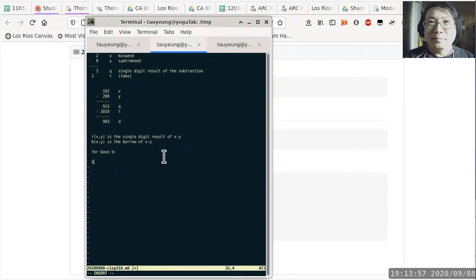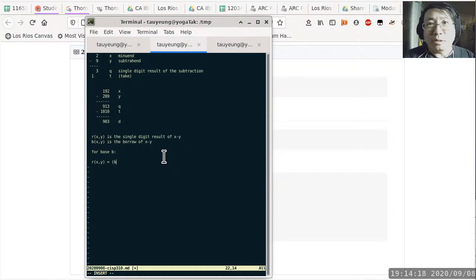All right, so we're going to take a look at how we can define rxy. Okay, so rxy for a particular base b is actually quite easy. There are two ways to do it. I'm going to take the easy way out. So we're going to take b, whatever b is.